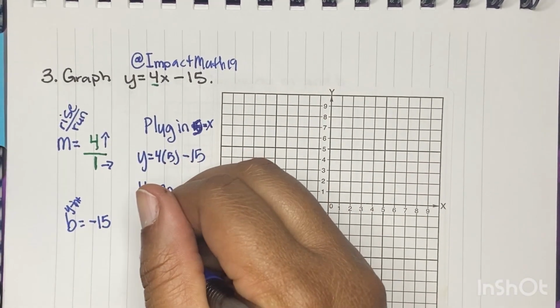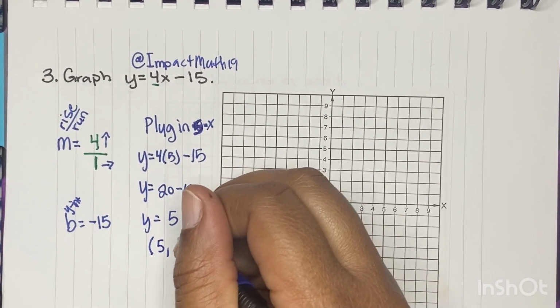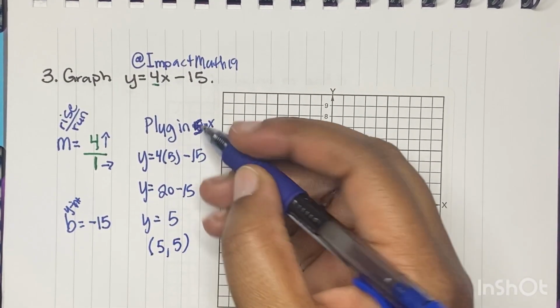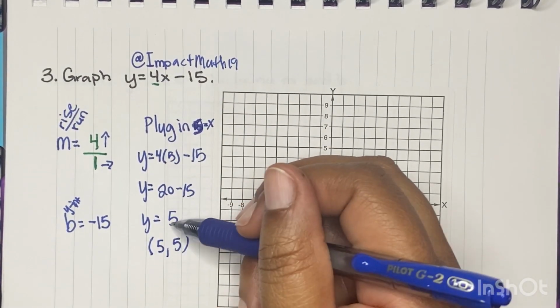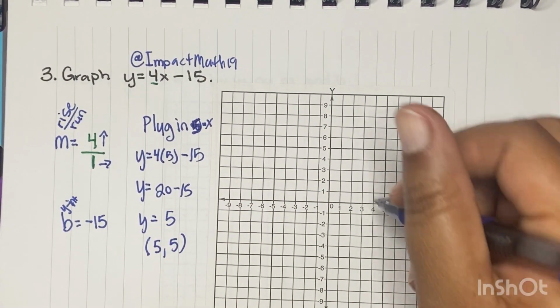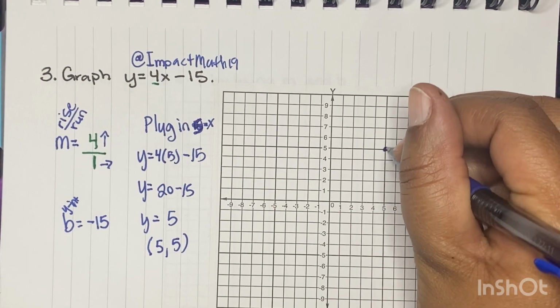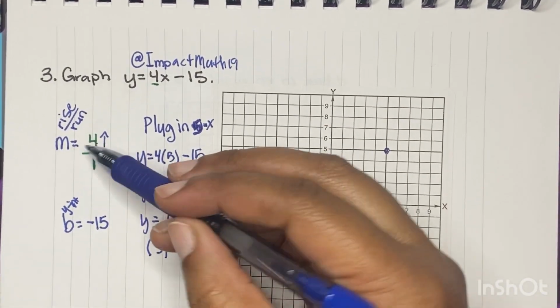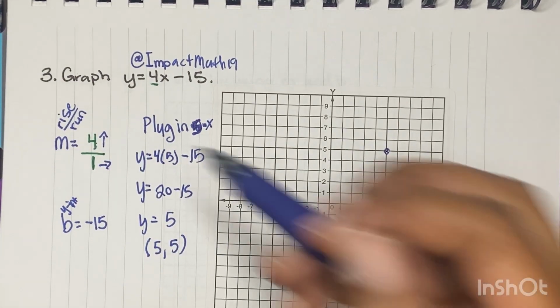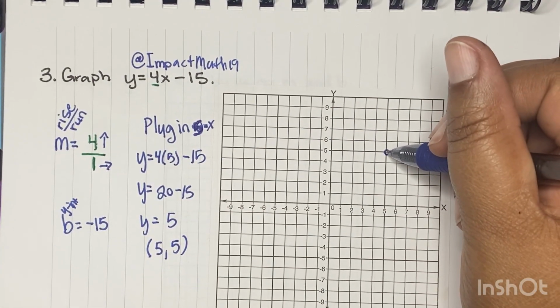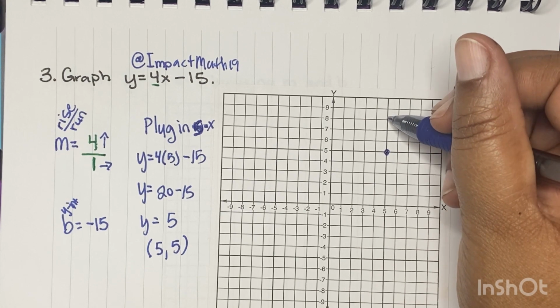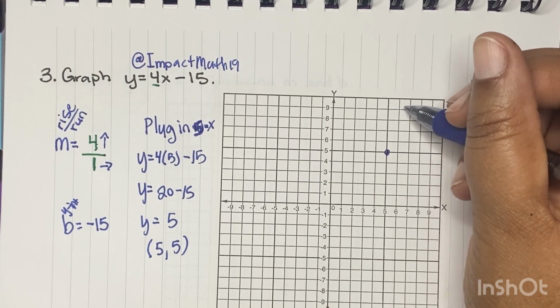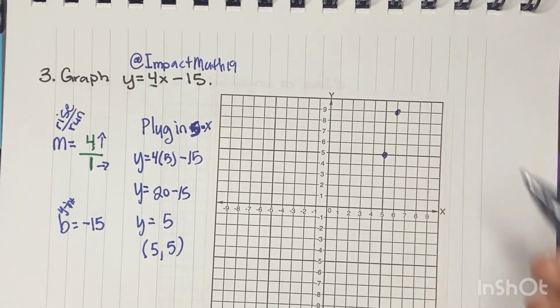So remember, my point that I'm looking for is 5, comma 5. I plugged in 5 for x, and I got out 5. So 5, 5, let's go here, boom. Now from this point, 5, 5, I can do my slope. So my slope says I'm going up 4, 1, 2, 3, 4, and I'm running 1 to the right.